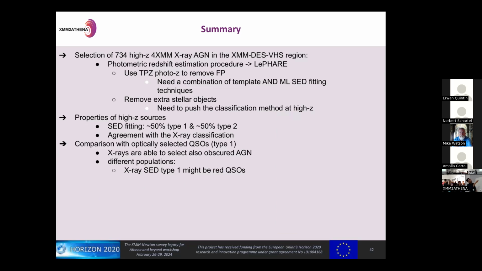We need to use both ML algorithms and AGN template fitting algorithms for the photometric redshift estimation, because one is working well in a redshift regime and the other in another. And this was a nice point that probably we will discuss later on.